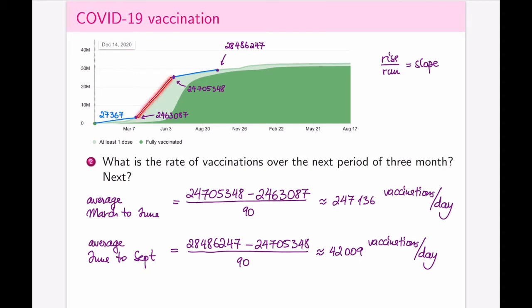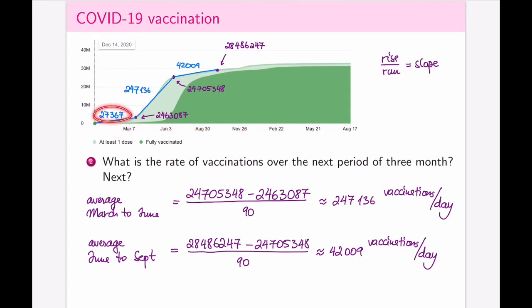The slope of the second linear segment is this number, 247,136, and the slope of this last line segment is 42,009. And now I can look at these numbers and understand a little bit better what that means in terms of the actual rate of vaccinations as they kept going in time.